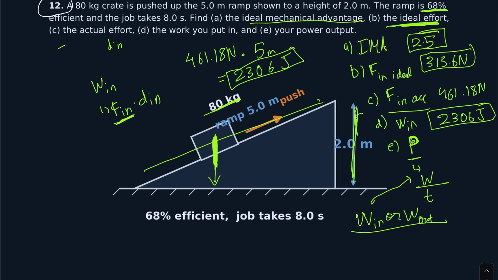So work in would be 2,306, like we found, and the final units would be in watts. This would be in joules over 8 seconds, which should give us about 288.25 watts.